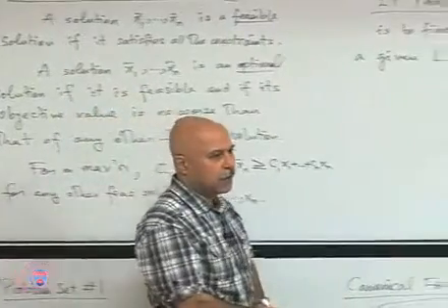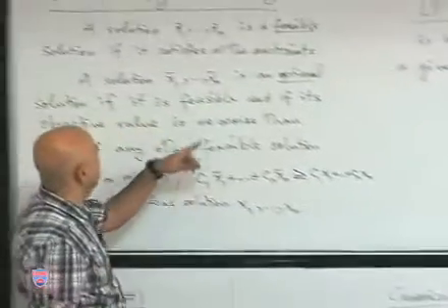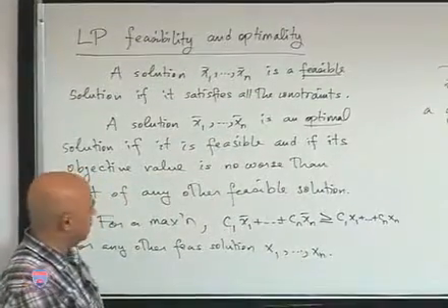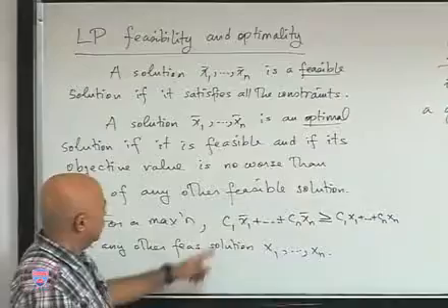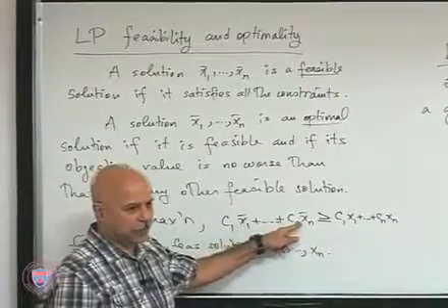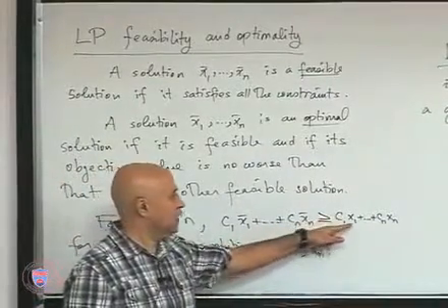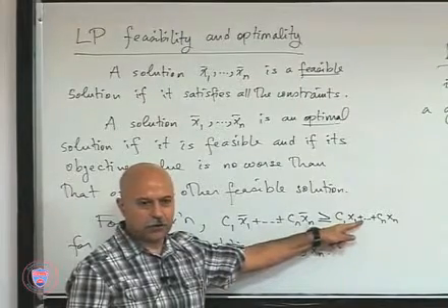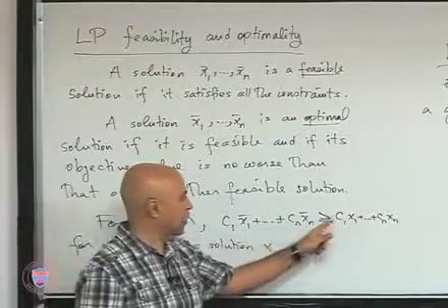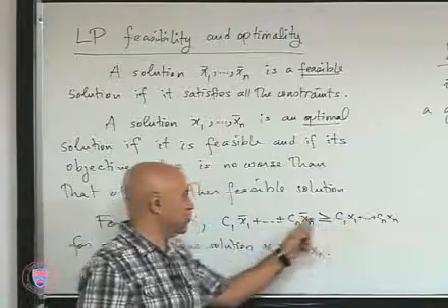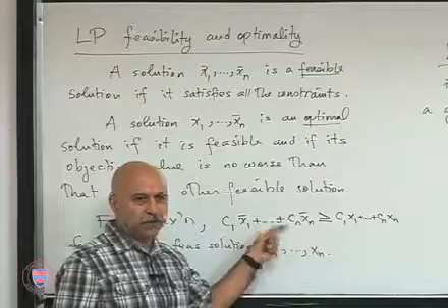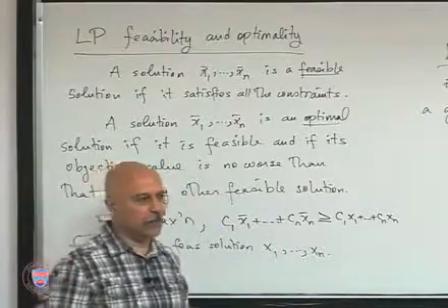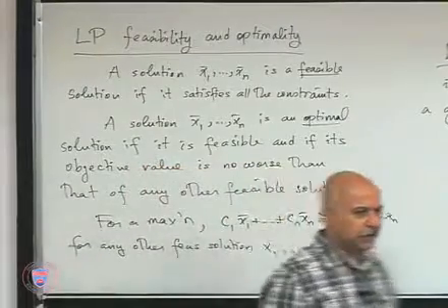That happens whenever you pick a feasible solution, such as the barred solution here, and check whether its objective value is at least as good as that of any other feasible solution, and it turns out that it will not be. There will always be another feasible solution which is better in objective value. And this will be true for any feasible solution on hand. This looks kind of complicated, but it's not too complicated.